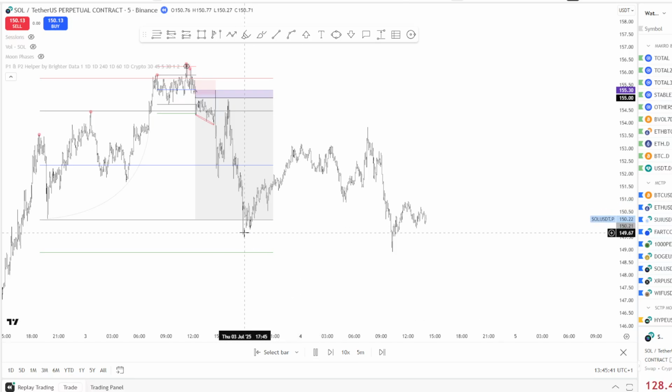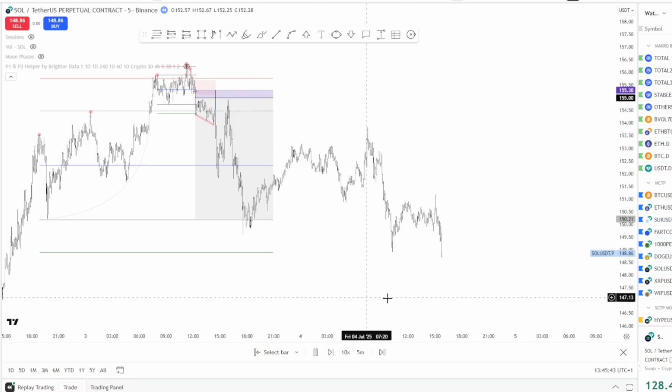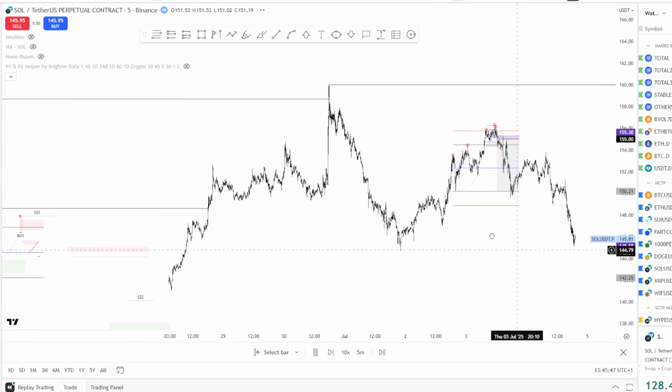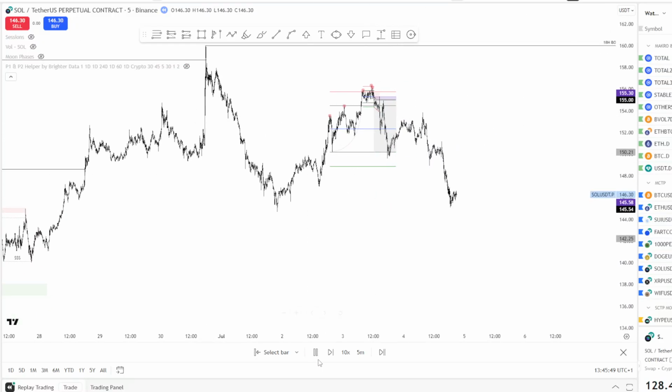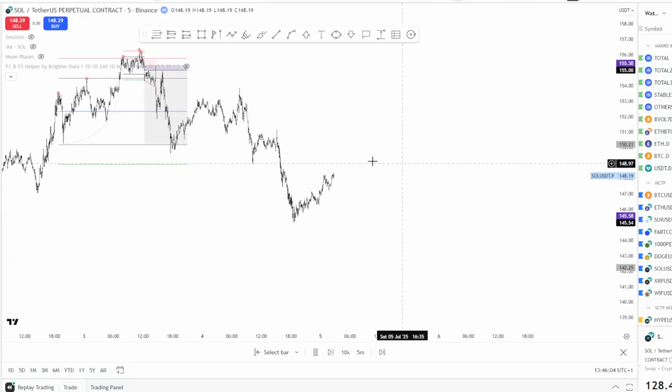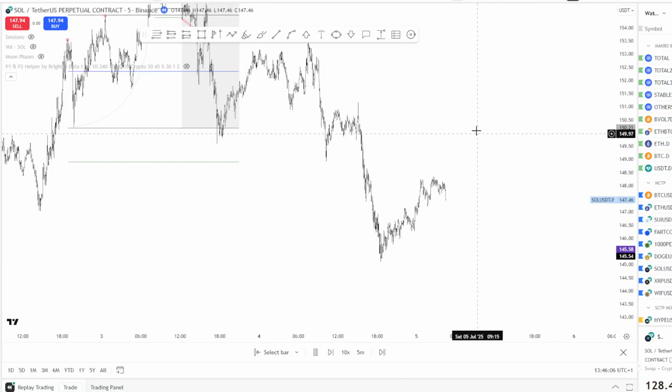Took the low again. Oh, nice. It took all the lows. So it wasn't a market structure continuation.